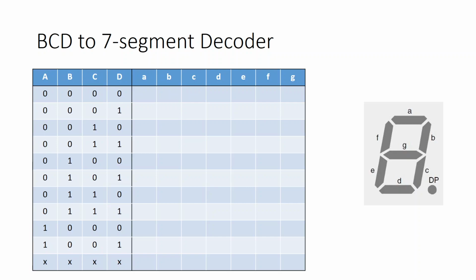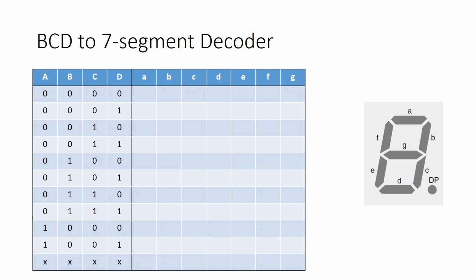Now how to fill up the truth table? It is very easy to fill up the truth table if you know how the digits are shown in the 7 segment display. Before we go ahead, we can think about those combinations which will not result in any digit. Which are those combinations?